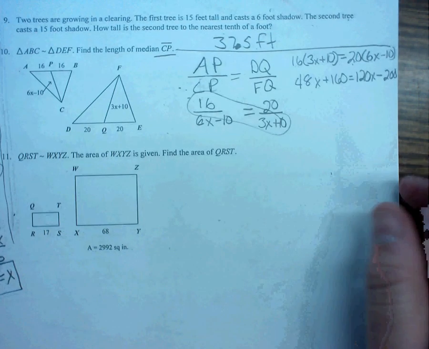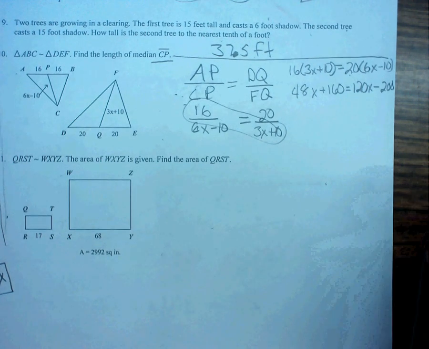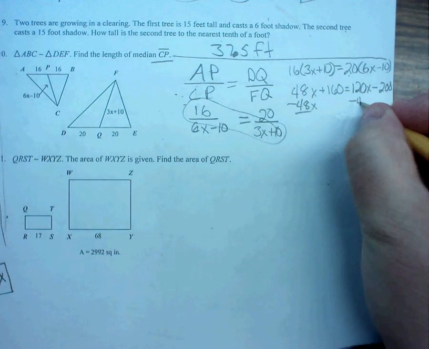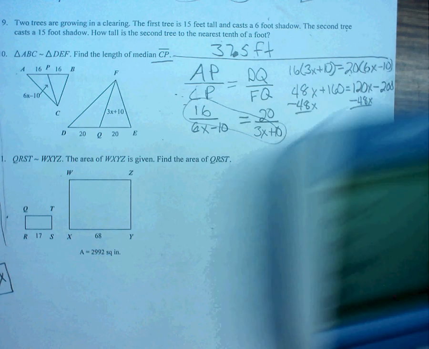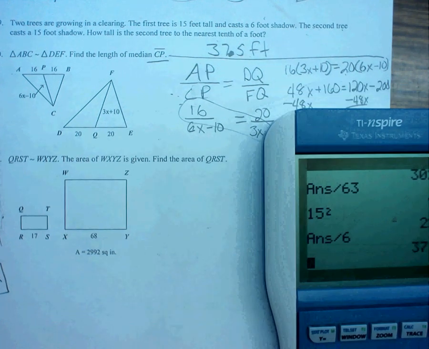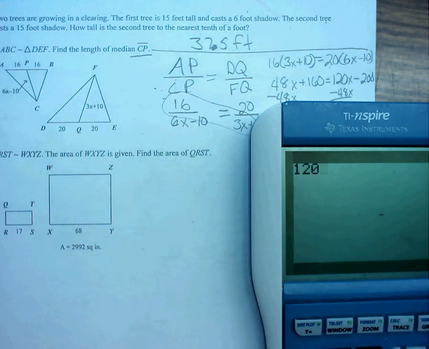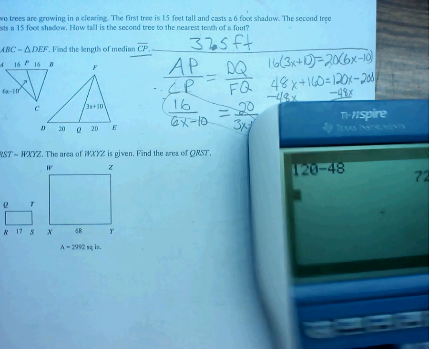Okay? So now I'm going to subtract 48x from both sides. 120x minus 48x is 72x.